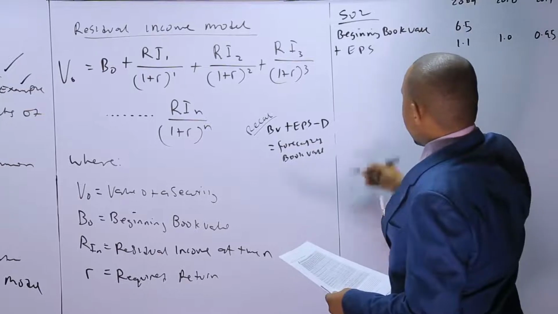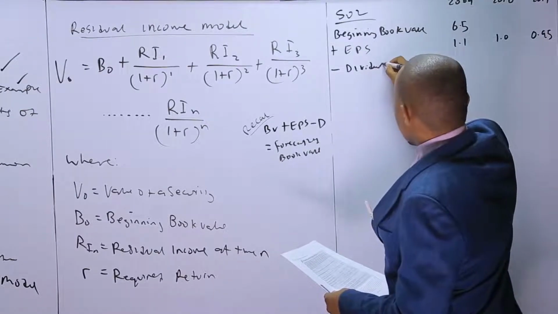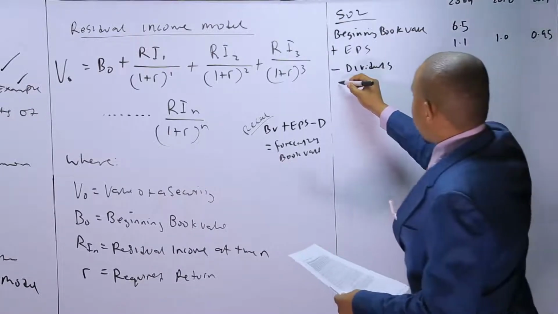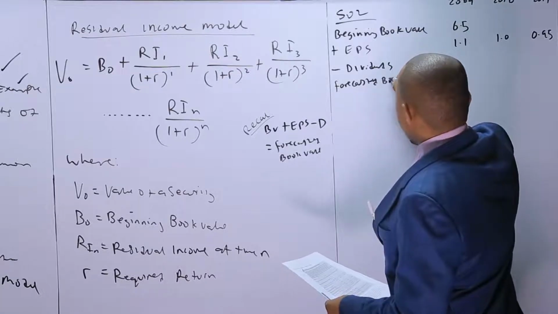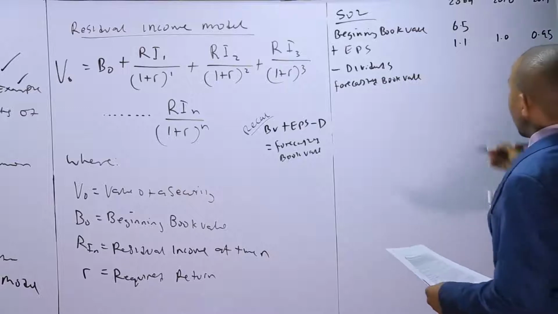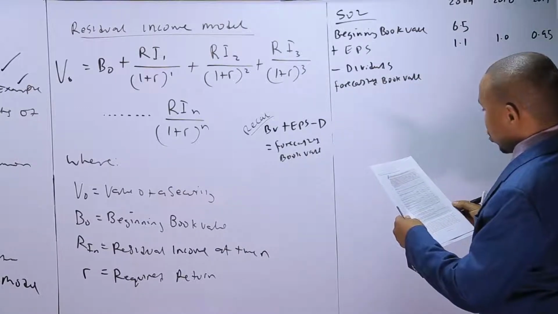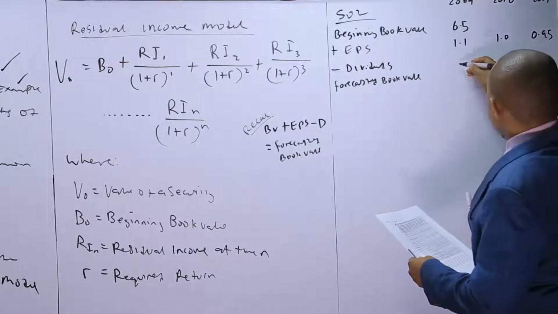Once we add the EPS, we less the dividends. Once we less the dividends, we should be able to get the forecasted book value. So the dividends are how much? We have been given the dividends in 2009 and 2010 as 0.5 and 0.6.